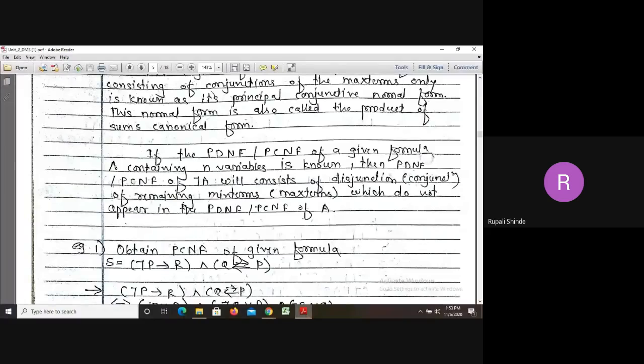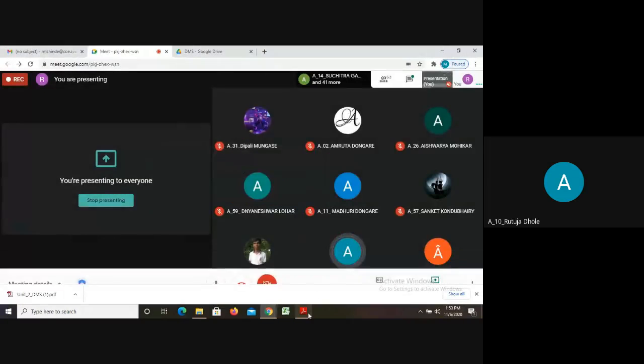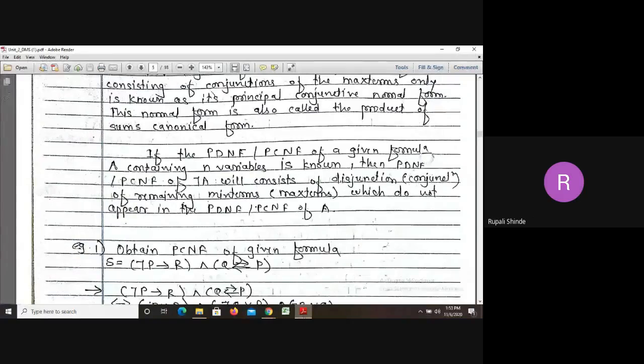After removing the conditional, what will the answer be? Negation P and Q? No. This answer is correct as Q biconditional P can be simplified as Q conditional P and P conditional Q. Now again we want to remove both the conditionals.